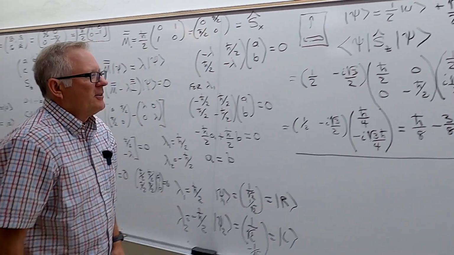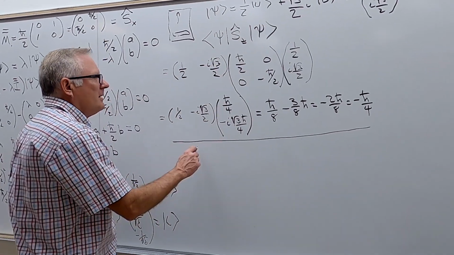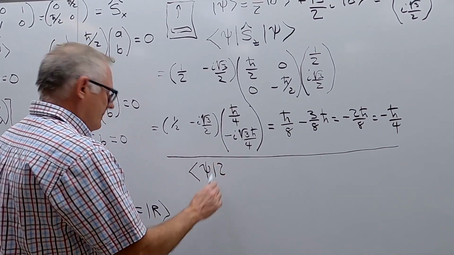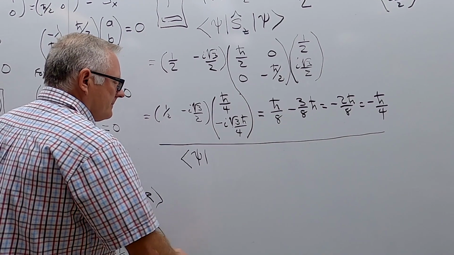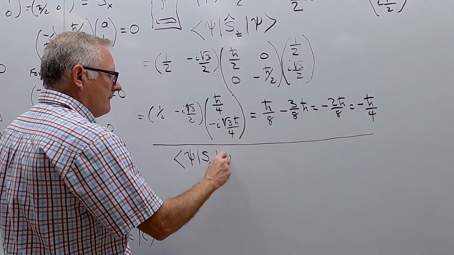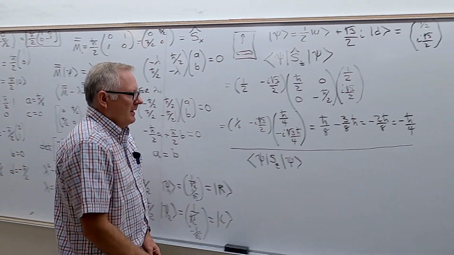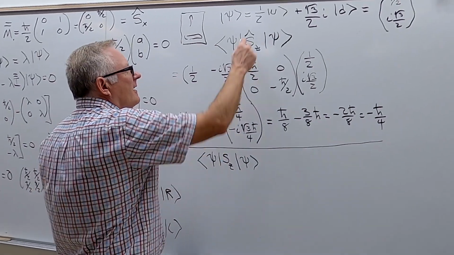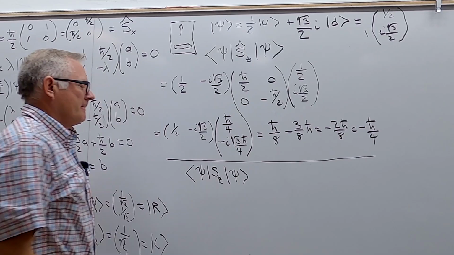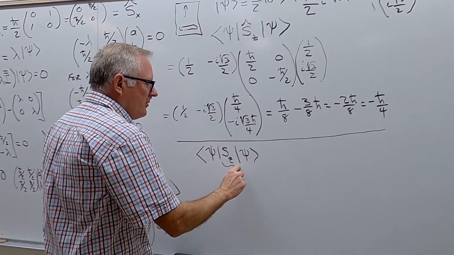There's another way we could do it, without doing the column of numbers. So if we wanted to do psi S sub z on psi. Instead of using the column, I think I'll just use this right here instead of this over here. So first, let me just do this right here.